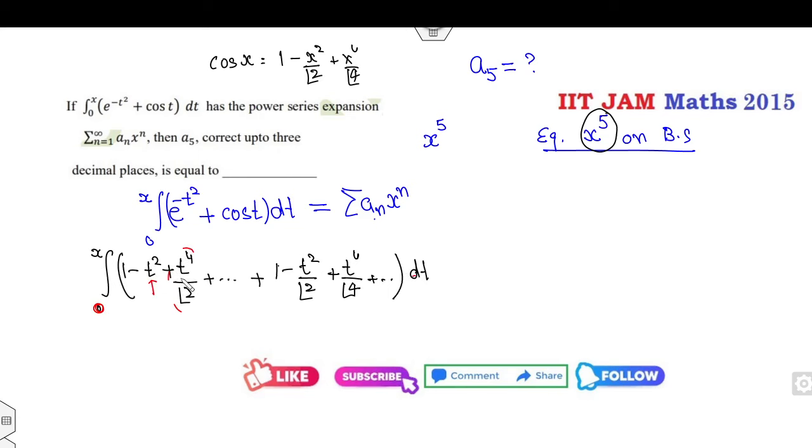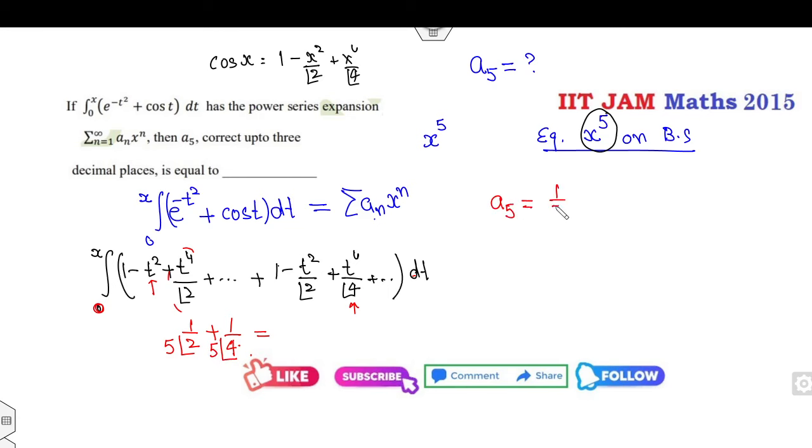So if you integrate them, it will be 1 over 2 factorial. Again, from this case, it is 1 over 4 factorial. Is it fine? So that is the integration of t raised to power 4, giving t raised to power 5 over 5. So what is my A5?